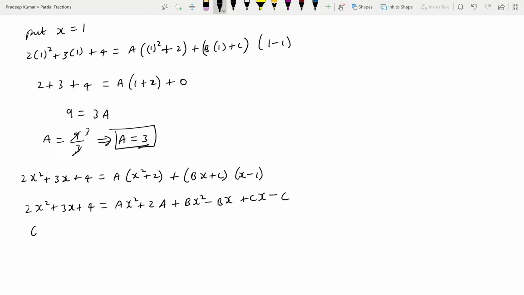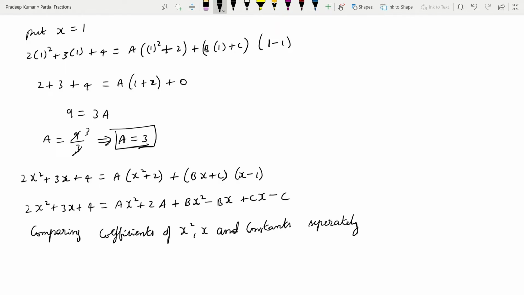Okay, so I can write here, comparing coefficients of x square, x and constants. We need to do that separately for each.